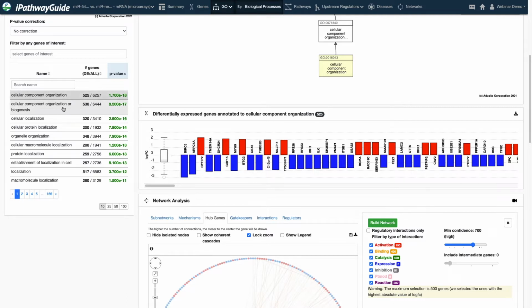Cell component organization or biogenesis, cell localization, cell protein localization, organelle organization. So I'm repeating myself, and it's really unclear whether these are all part of one important mechanism or if there's a couple different processes that are important here.